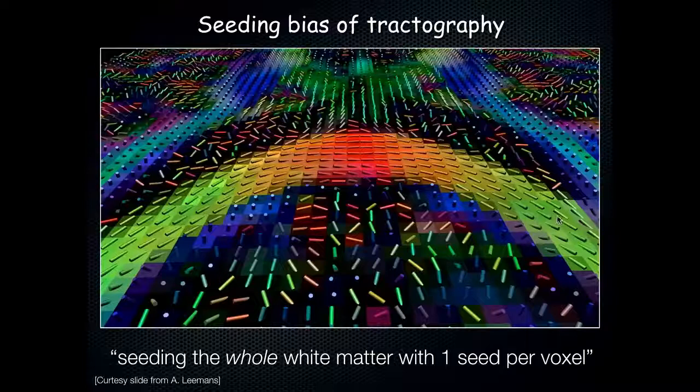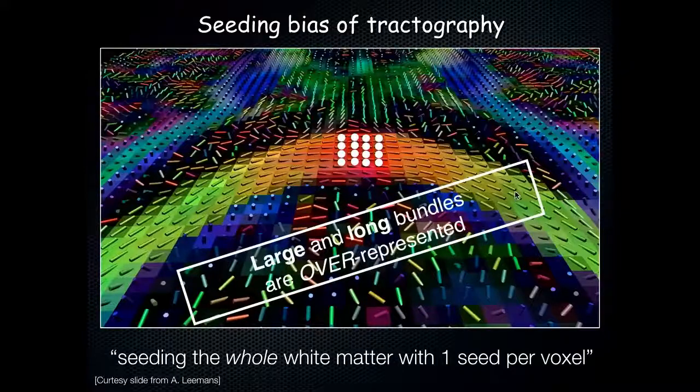So let me introduce you to one of these, a seeding bias. Imagine you're placing seeds everywhere in the white matter. Everywhere, everywhere. I'm not going to continue like that, but you can imagine, right? Every such seed is generating streamlines. What do you think will happen? Big, large, easy bundles will be overrepresented.